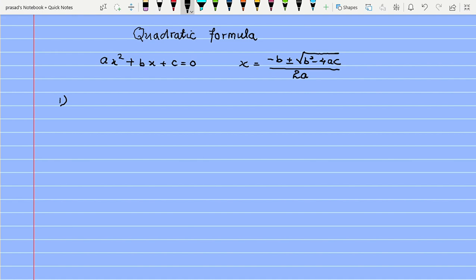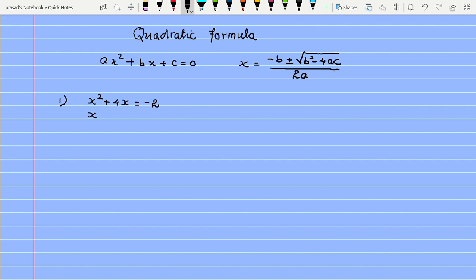Suppose you have to solve this equation x square plus 4x is equal to negative 2 using the quadratic formula. Now see, this equation is not in the standard form because the right hand side is not 0. So what will you do?